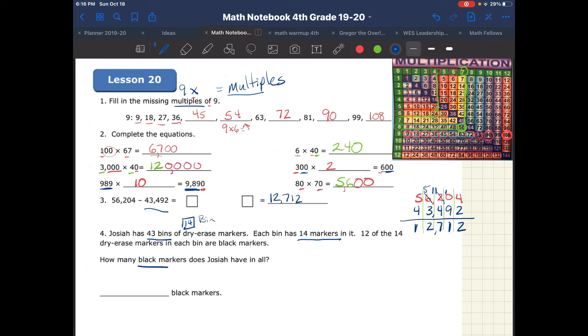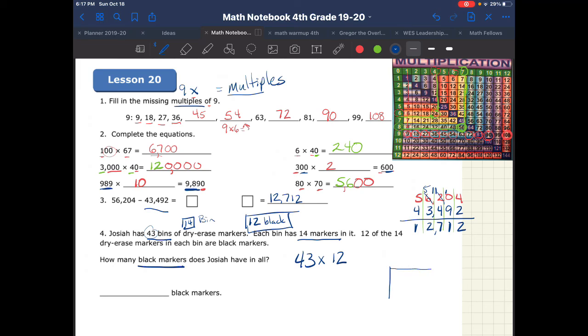And we only want to know black markers, so I guess there are 12 black markers in each bin. And there are 43 bins. So that means we have 43 groups of 12.